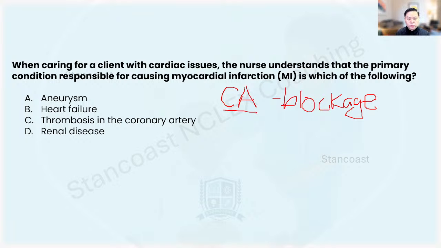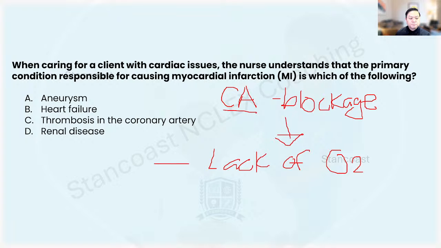It will grow bigger where there is a buildup of plaque or atherosclerosis. So it will partially or completely block the blood flow, and it will now cause lack of O2 into the distal muscle or distal cell. There is poor perfusion.